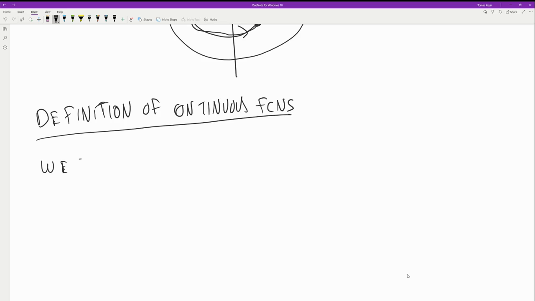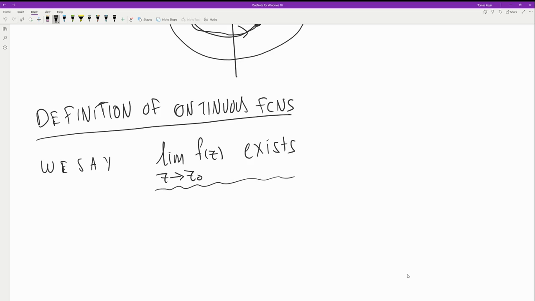We say the limit of z going to z naught of f of z exists if the following is true.